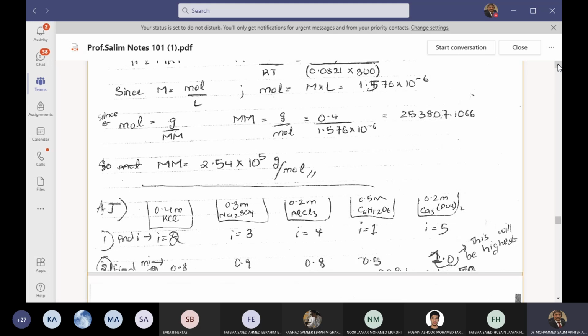Density of water is 1, so you can say 725 gram water.